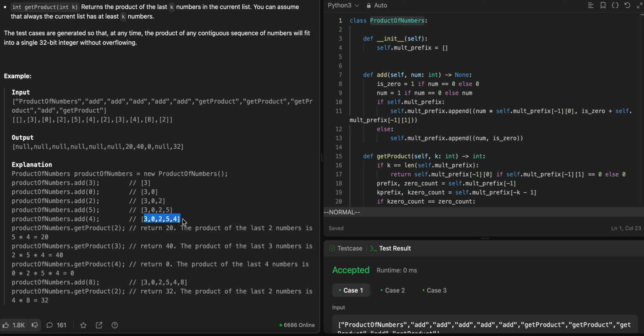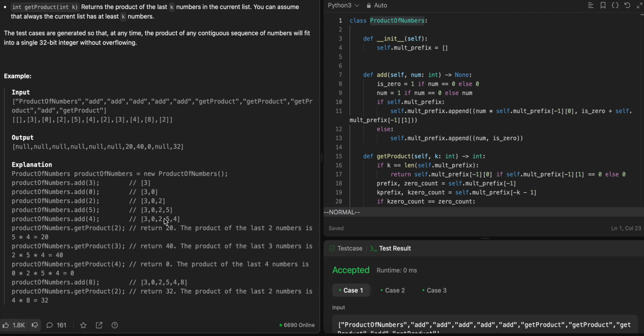We can also not just keep the prefixes of multiplication, we can also keep the 0 count we've seen and act accordingly. Meaning, let's assume every 0 in this array is a 1. So if we encounter a 0, we add it as a 1, just to make this concept work, but we increment a 0 counter.